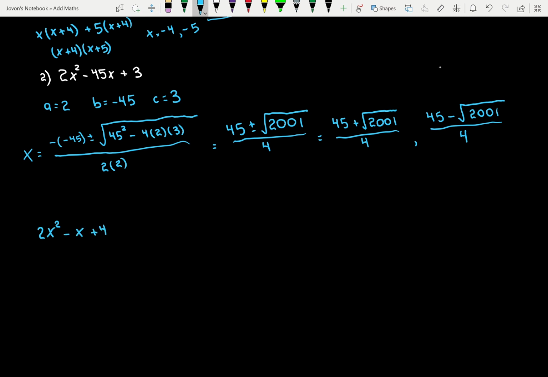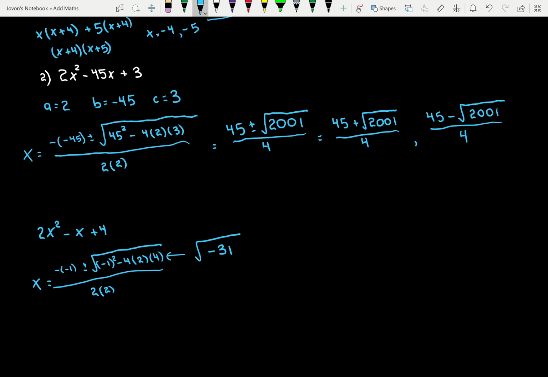Using the quadratic formula we'll have minus b, which is minus minus 1, plus or minus the square root of b squared, which is minus 1 all squared, minus 4 multiplied by a multiplied by c, all over 2 multiplied by 2. Notice inside here now, what do we get? We get the square root of 1 minus 4 times 4 times 2, which is 32. So minus 32 plus 1 is minus 31. We get the square root of a negative number.